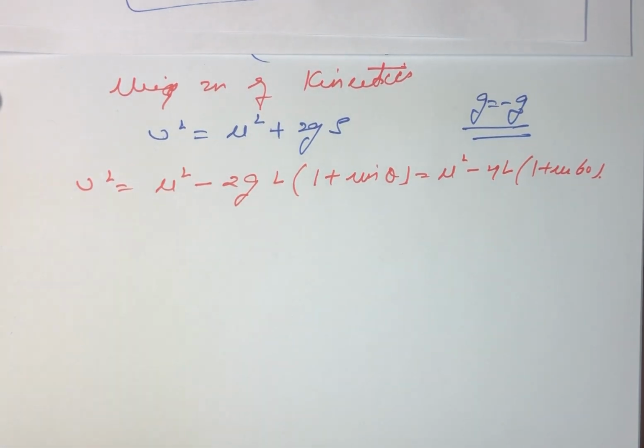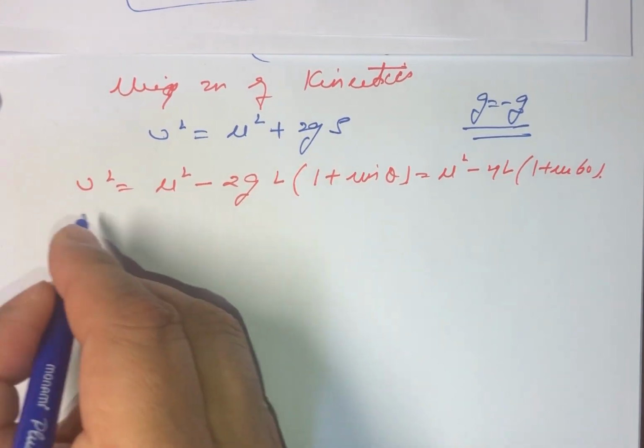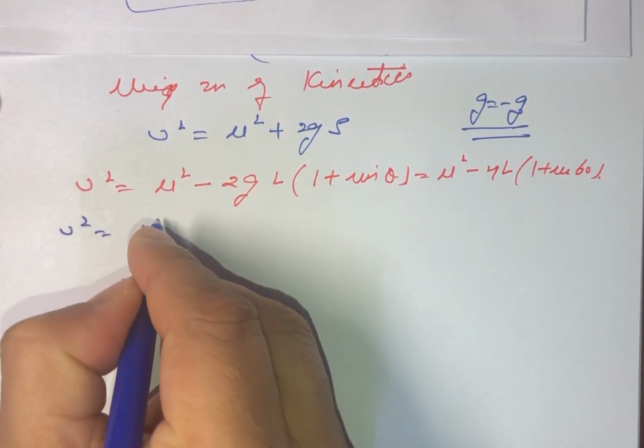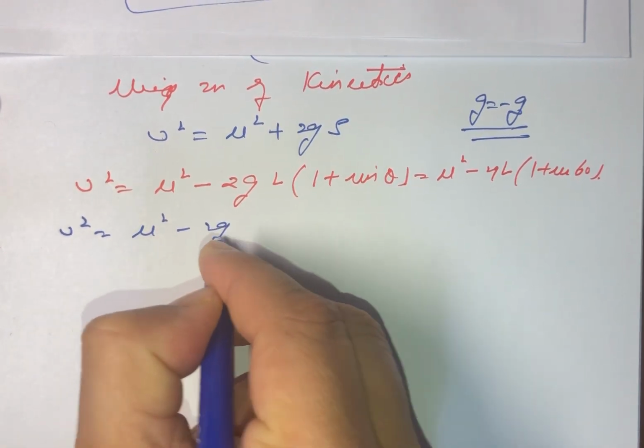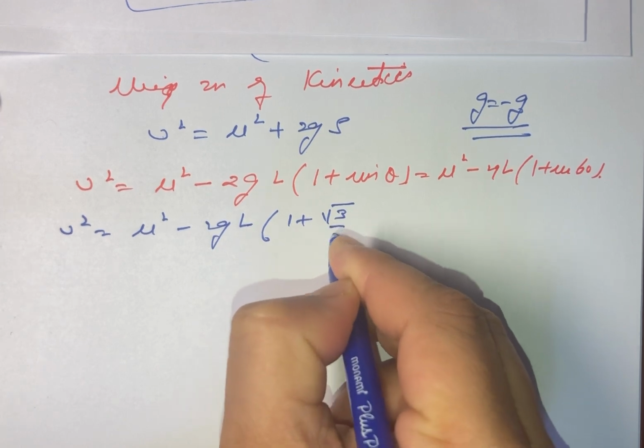Sine 60 is root 3 by 2, so we can say v square is equal to u square minus 2gL times 1 plus root 3 by 2.